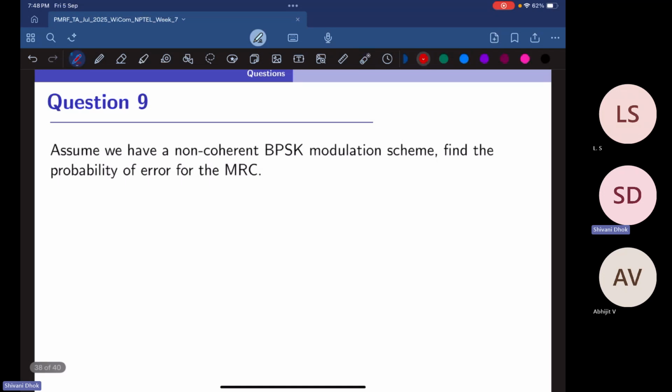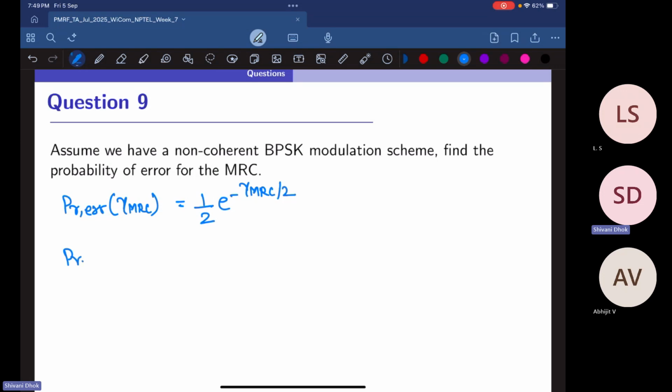Okay, so the probability of error as a function of your SNR, for a given SNR value, or what we had referred to for an AWGN channel, for non-coherent BPSK comes out to be equal to half of e power minus gamma MRC by 2.